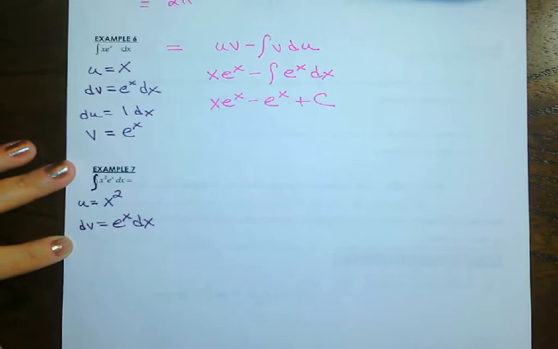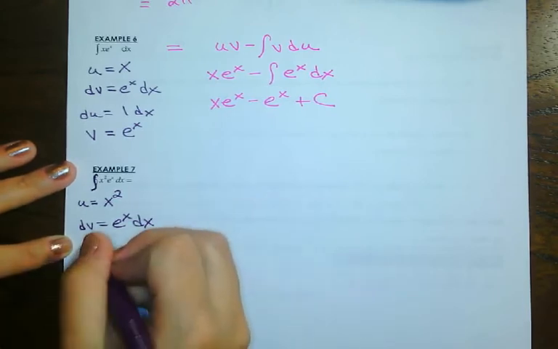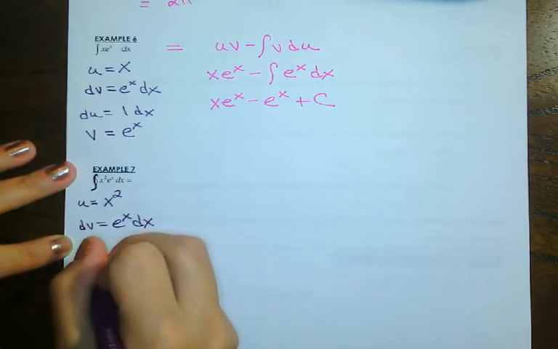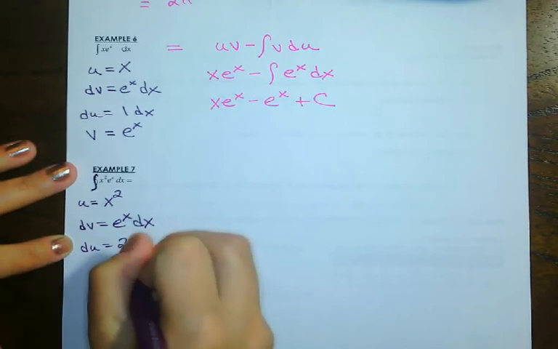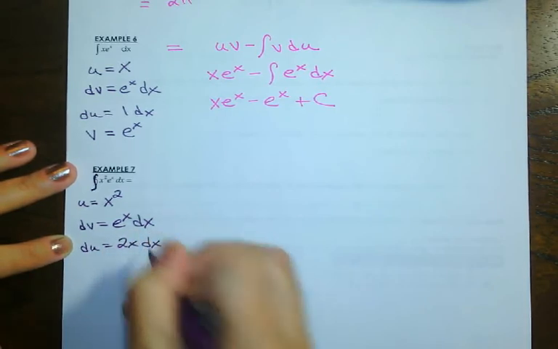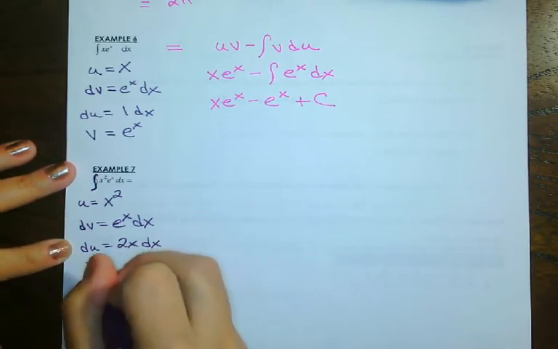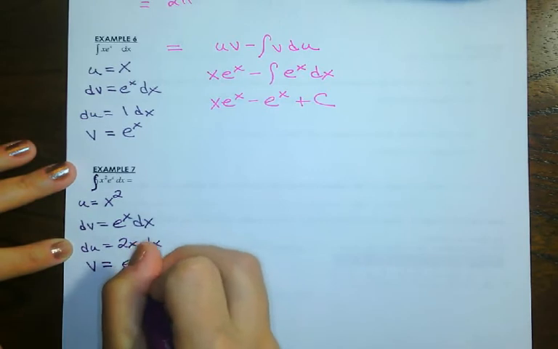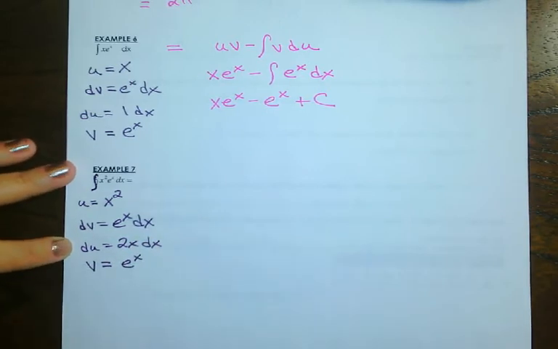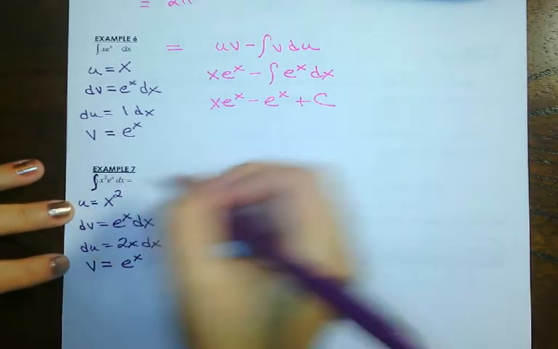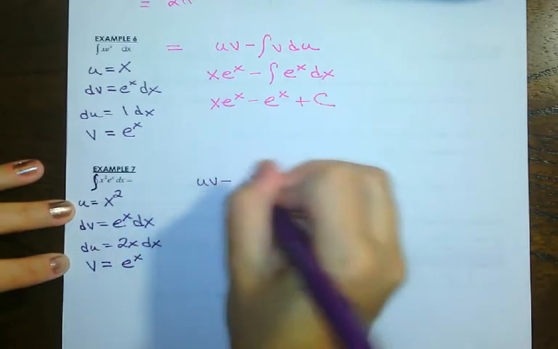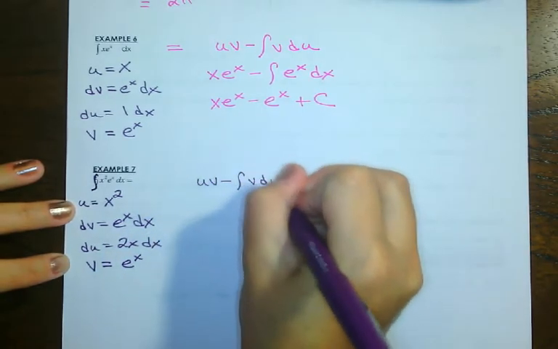Okay, so far so good. So then I say, well, the derivative of u is going to be 2x dx, no problem. And then v is going to be e to the x. So it kind of starts off the same way. And so again, I'm going to say this is going to be uv minus the integral of v du.